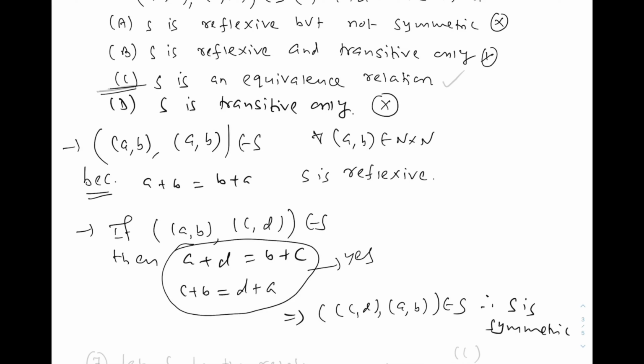So it's natural that it should be option C, an equivalence relation. You can save time: just stop here, see the options, eliminate the options, and then give the answer. We don't prove here that it is transitive, but just looking at the options you can easily check. Okay, so C is the option.